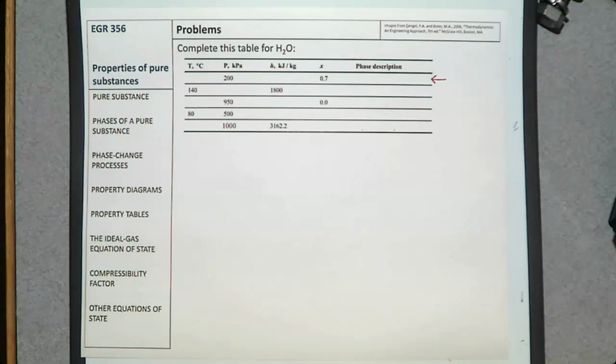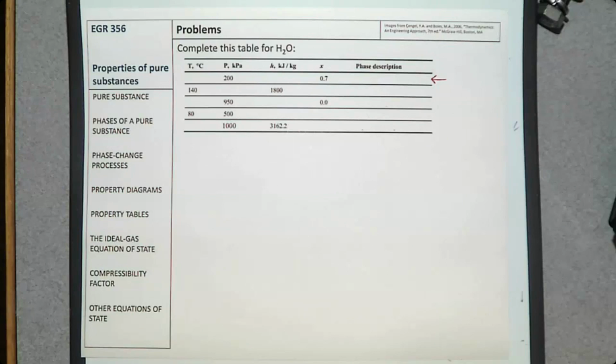So what you are going to do is, let's look at the first problem. In the first problem, we know 2 property values, and we are going to evaluate all the others. We know pressure, that's 200 kilopascal. We know quality x, that is 0.7. So you are going to evaluate its temperature, specific enthalpy, and the phase change process. So that completes the first problem.